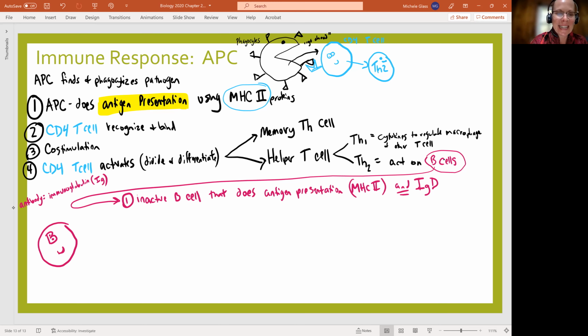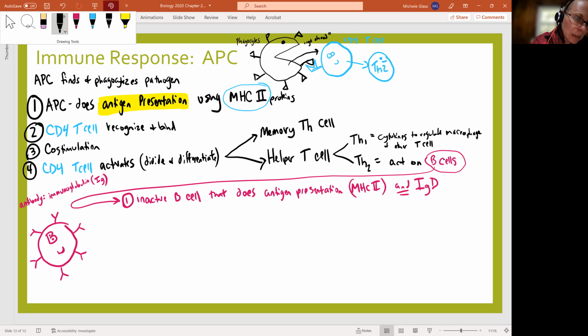I like this one. Okay. It's going to have IgD antibody hanging off. Antibodies are usually like a Y shape, so I'm drawing a bunch of little Ys. And because we're having our antigen marker be triangular in shape, I'm going to show a triangle bound.